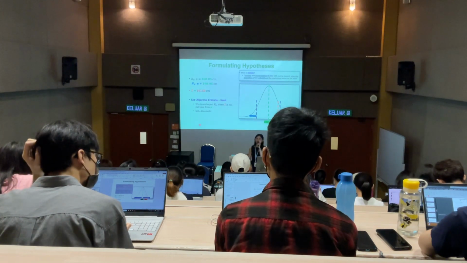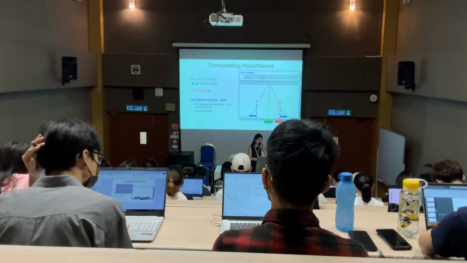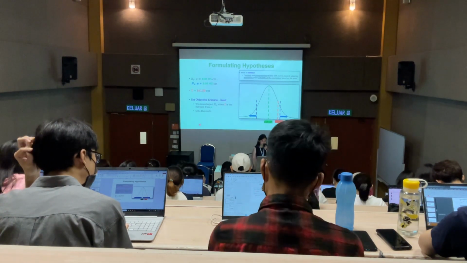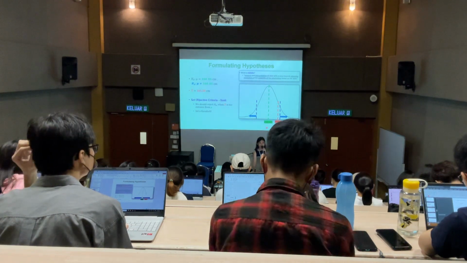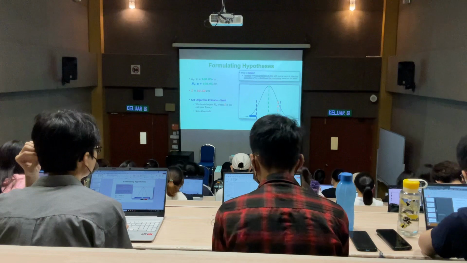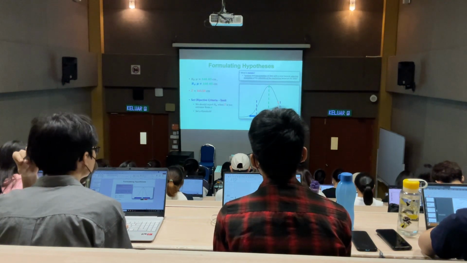You need to set a threshold. You need to set your objective criteria. So let's say the green one in this graph is the population mean. After you do the calculation, do the statistical test, you got 161.5, let's say it's over here. This is your sample mean.